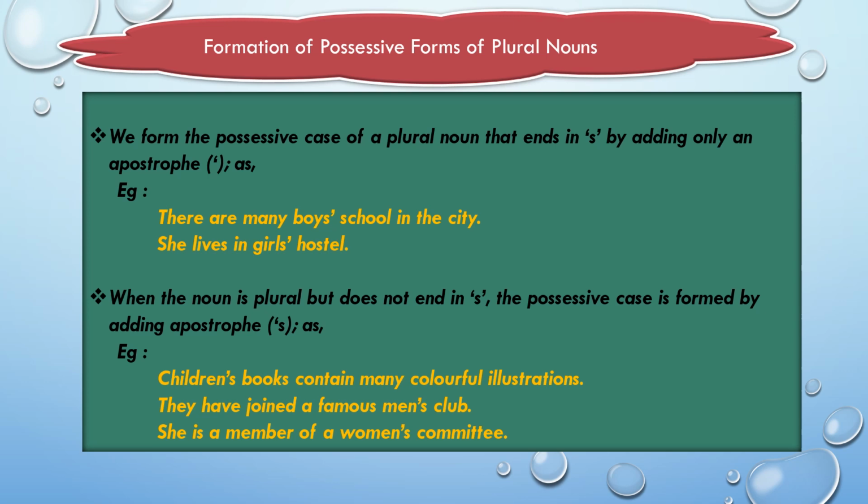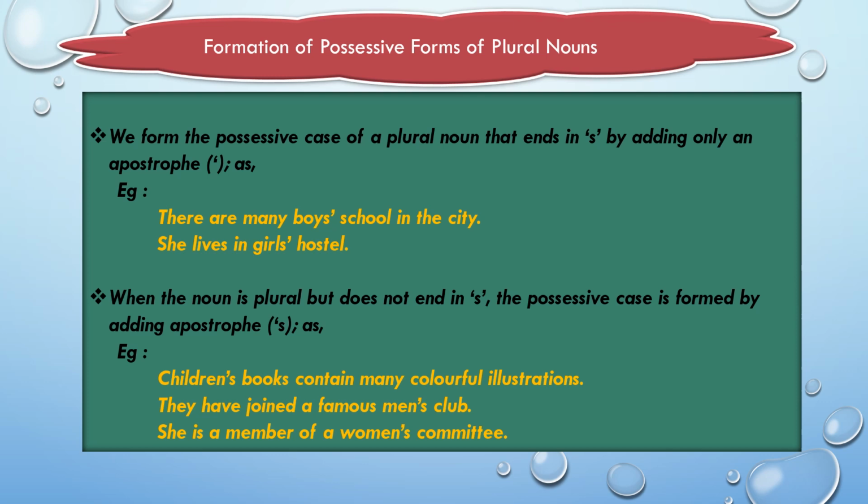Here, children is a plural noun. Right? Children is the plural form of the noun child. So, children is a plural noun, but it does not end in s. So, to form the possessive case of this plural noun, we will add apostrophe s. So, children's books contain many colorful illustrations.